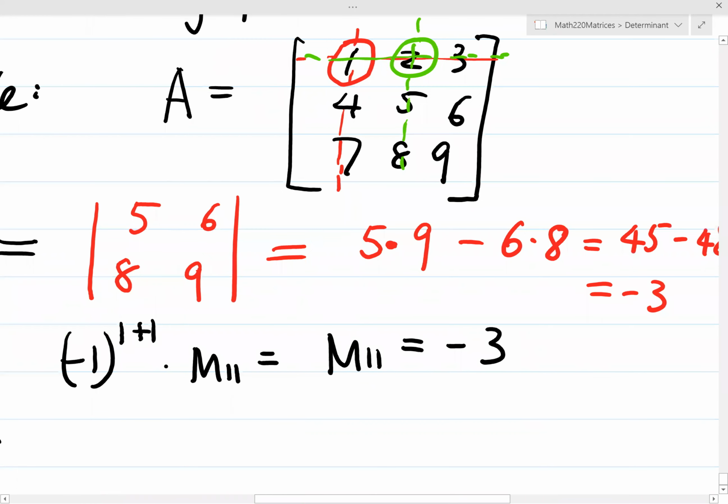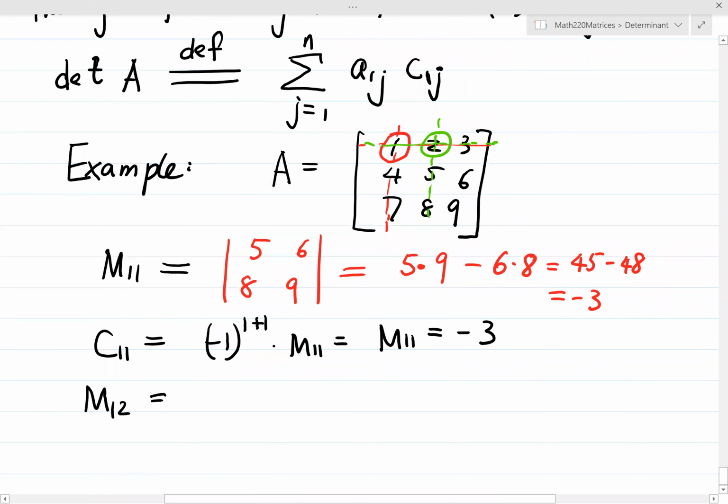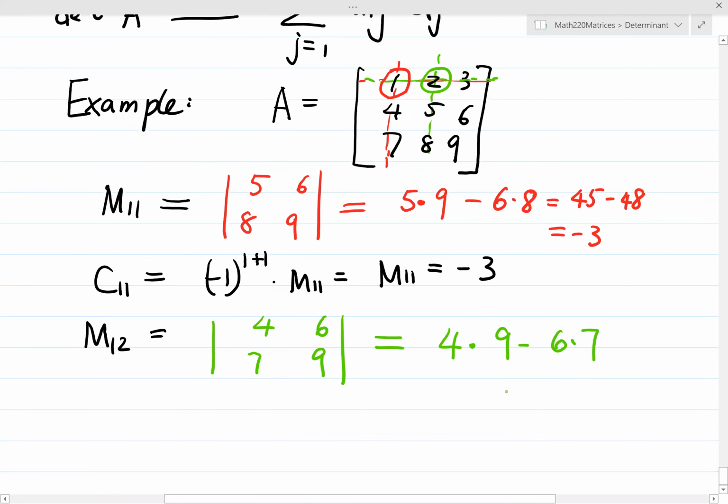So M12 is the 2 by 2 determinant, 4 times 9 minus 6 times 7. This will be 36 minus 42, which is negative 6.